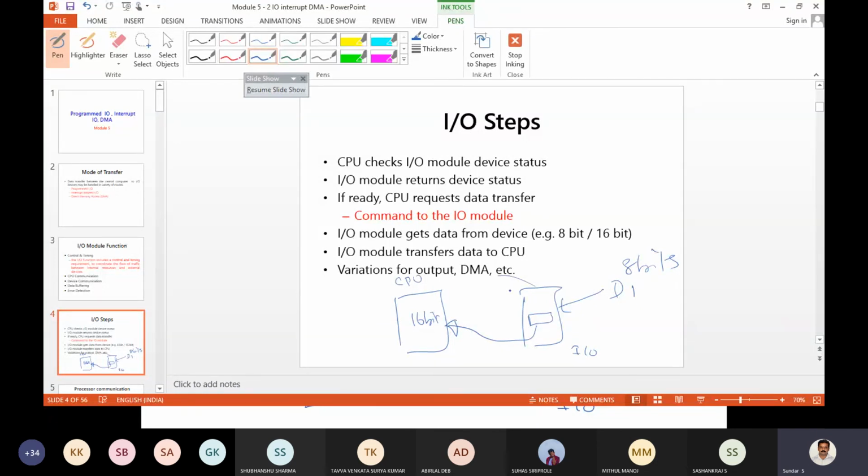I clearly told you to use only processors, not microcontrollers. Microcontrollers come with internal memory, but in the DA2 I asked about external memory configuration: how much memory we can connect and how to establish the connection.